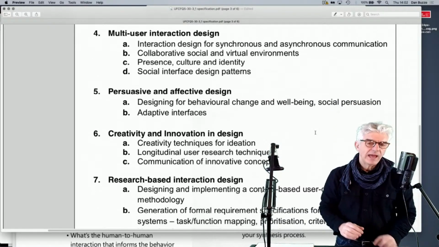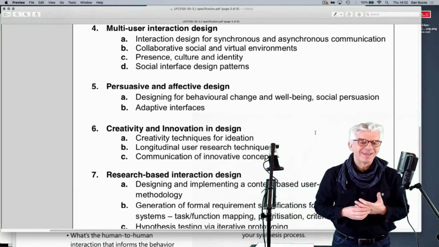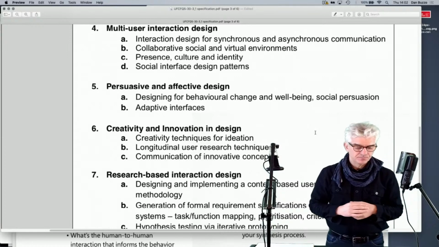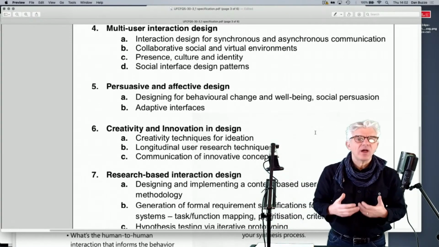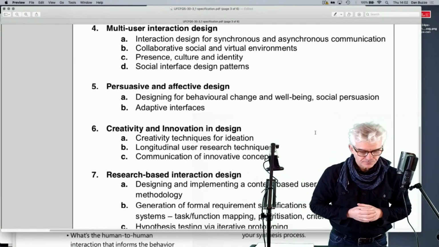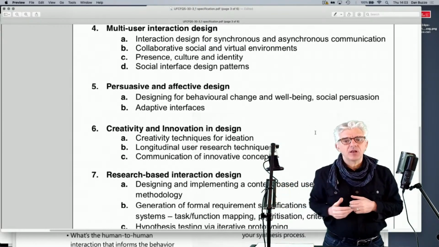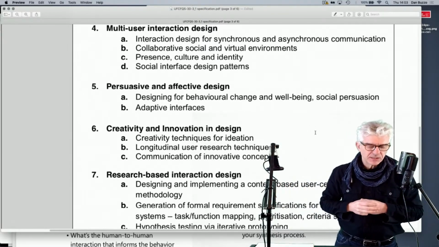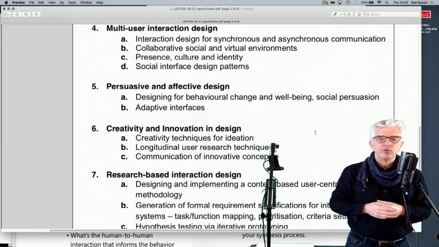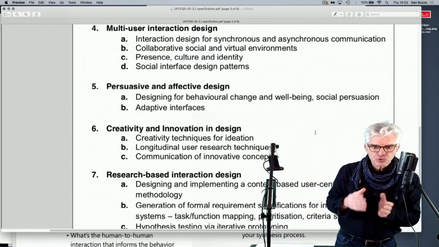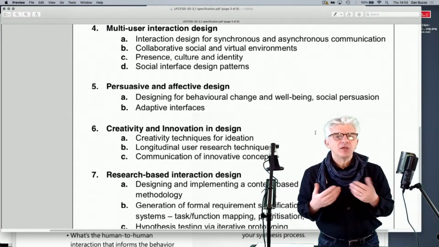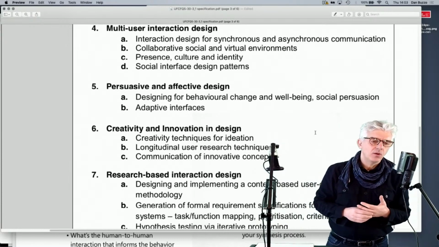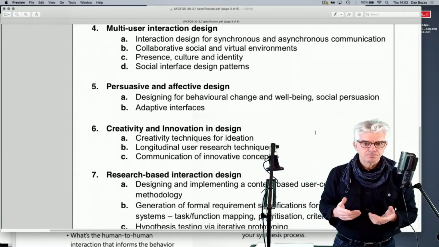We'll also have a look and think about persuasive and affective design. This affective, it's going to affect people. We saw Hassan Zal and the work from Lashka and Hassan Zal looking at this, of persuasive design, of behavioral change, of troublemakers that make you think about well-being.